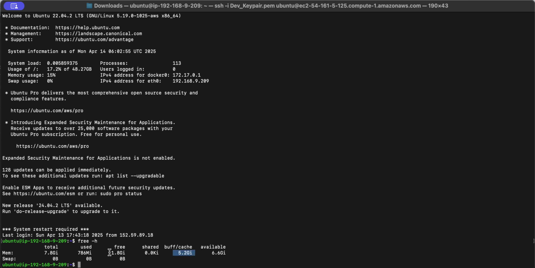And if there is only 200 or 100 MB free, then the service which you are trying to start can get affected. So for that, you can clear your buffer memory and then use it.